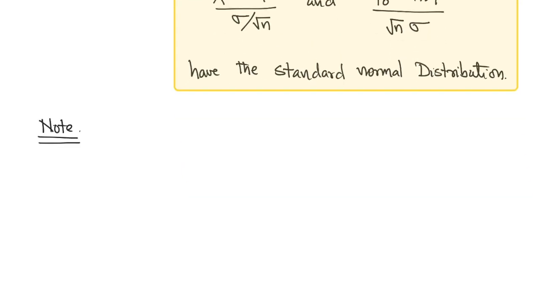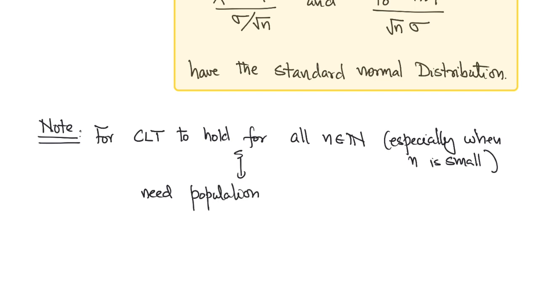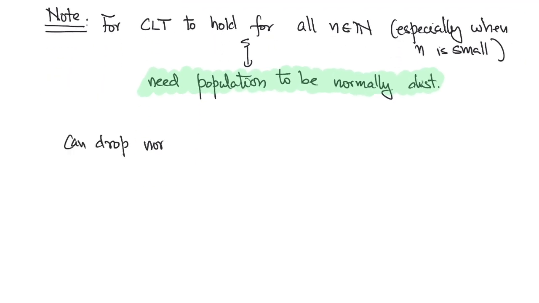Note that for the central limit theorem to hold for all values of n, especially when n is small, we need the population to be normally distributed. This assumption can be dropped if we have another assumption, that requires n to be a large number. So this leads us to the general case of the central limit theorem.